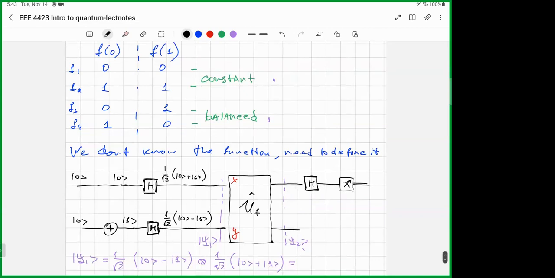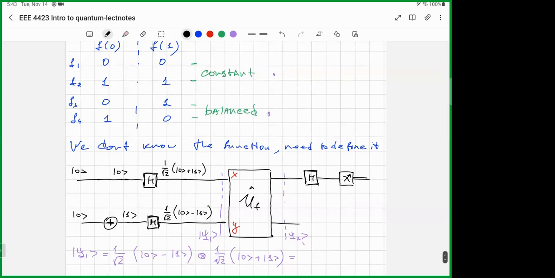And what we do now, starting from state 0, 0, is first convert the state of the second qubit, then apply the Hadamard gates, make the superposition of the two, apply this operator UF, and then apply the Hadamard operator to the first qubit. After that, we measure the first qubit in the basis 0, 1.